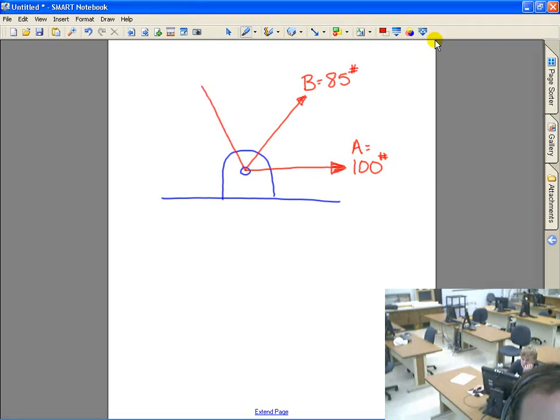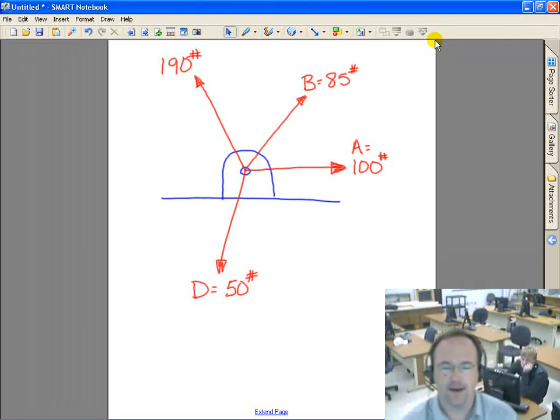Force C, we'll say this is 190 pounds. And we'll say force D, pulling back this way, is 50 pounds. So we have four forces here acting as such.